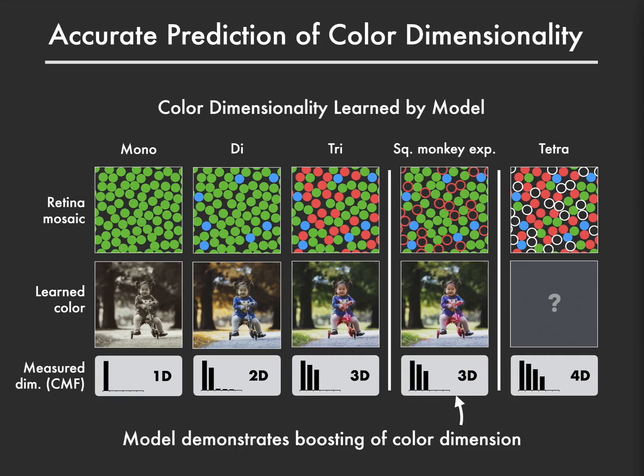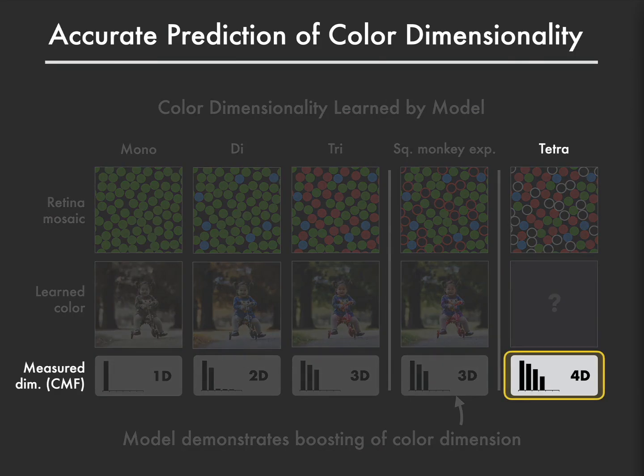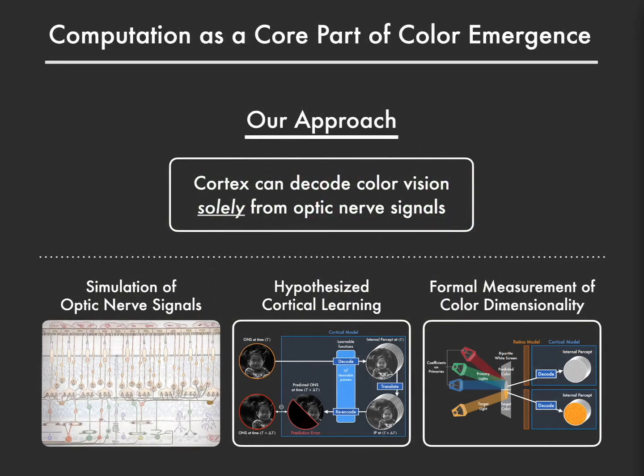Great, so that covers everything in this result figure, and this is how we formally report that full cone types result in 4D color vision in this model. So far, we have quickly covered these 3 important details of our method.